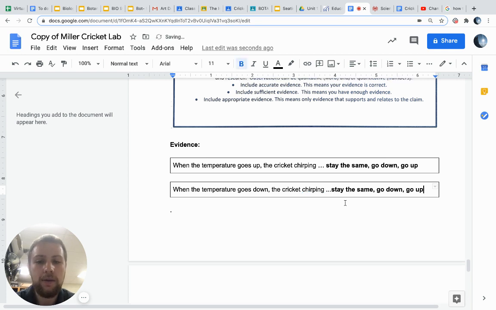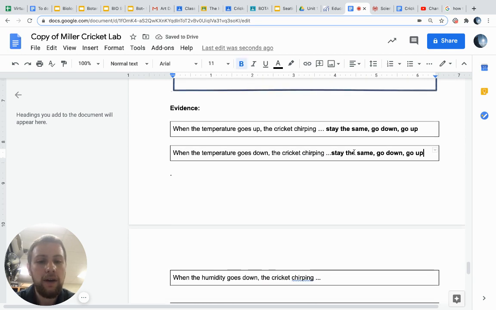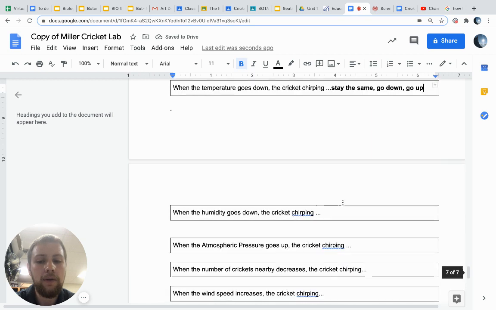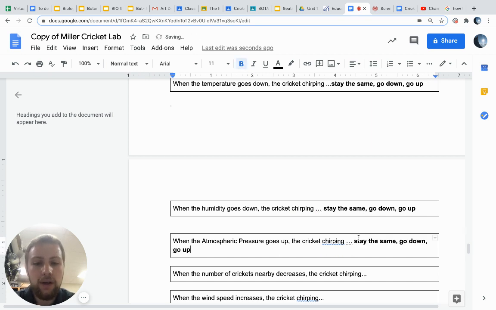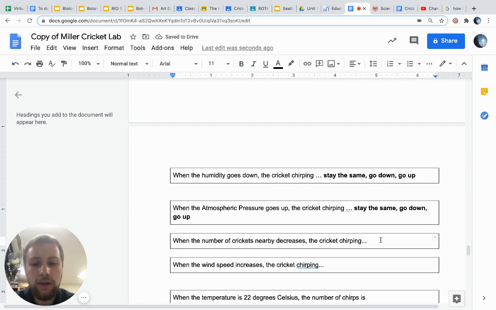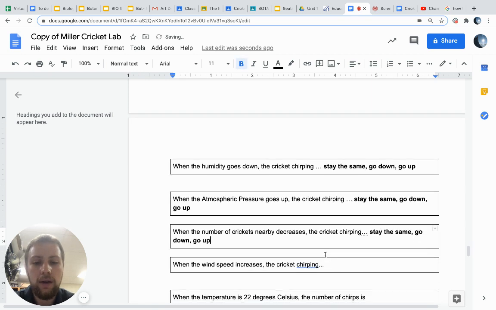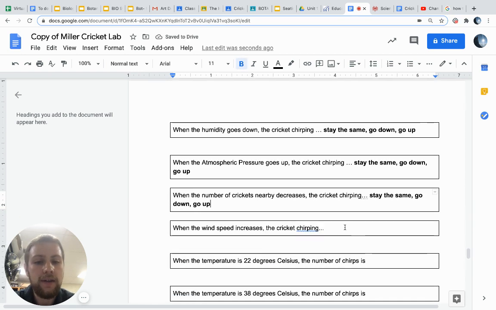The same here: when temperature goes down, does the cricket chirping stay the same, go up, or go down? When the humidity goes down, the cricket chirping does which? When atmospheric pressure goes up, cricket chirping does which? Figure out which one. When the number of crickets nearby decreases, the cricket chirping does which? And then wind speed increasing, the cricket chirping does which?